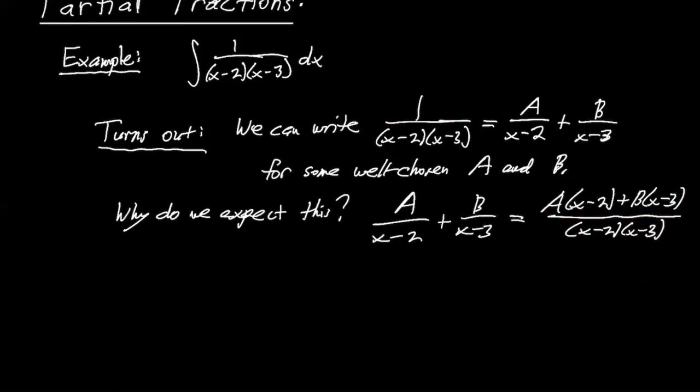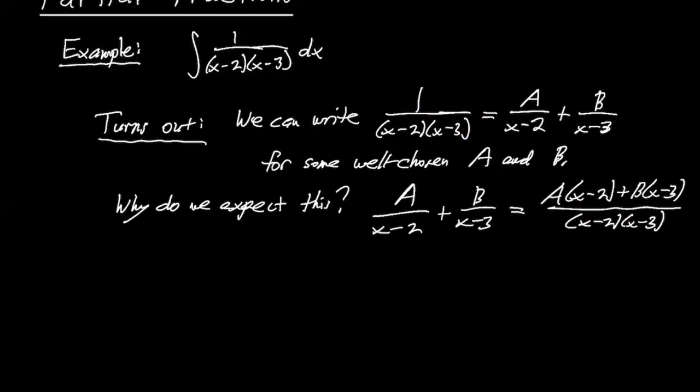So set A times x minus 2 plus B... wait, did I? Oh, this is a typo. I'm sorry. This one should have been x minus 3 and that should have been x minus 2. Sorry about that.